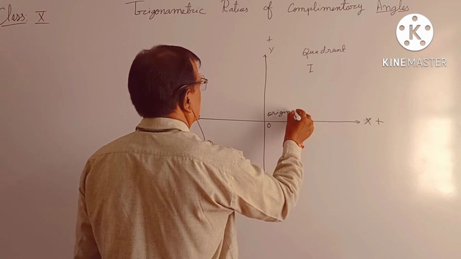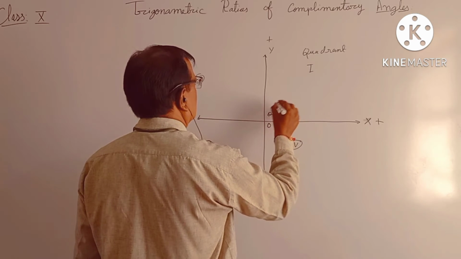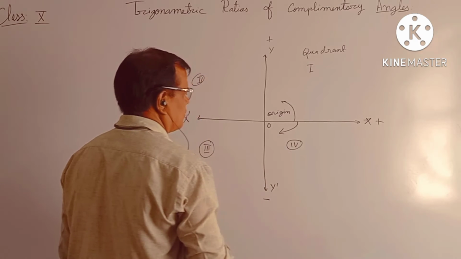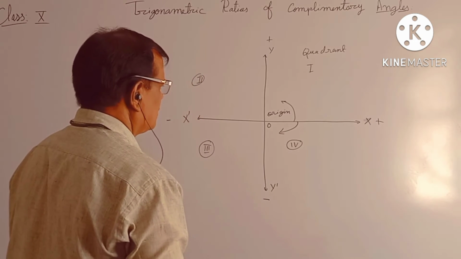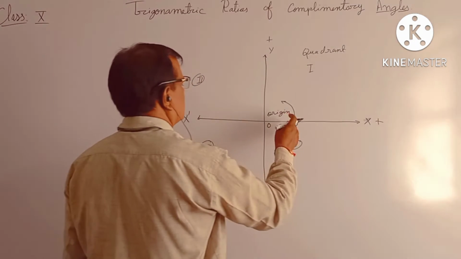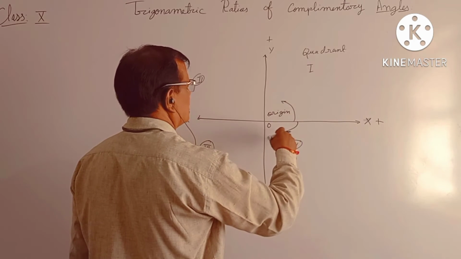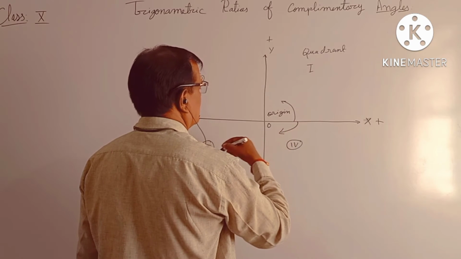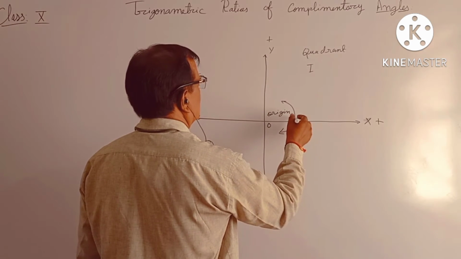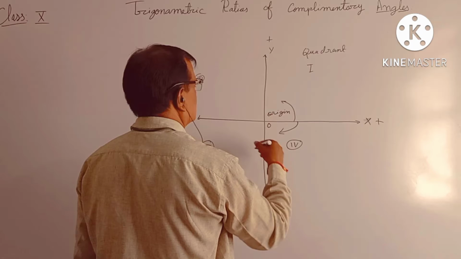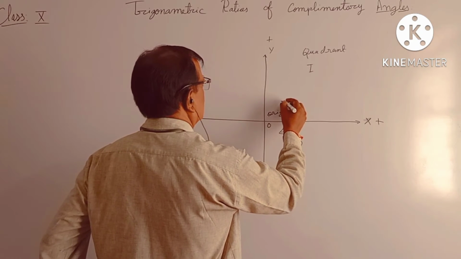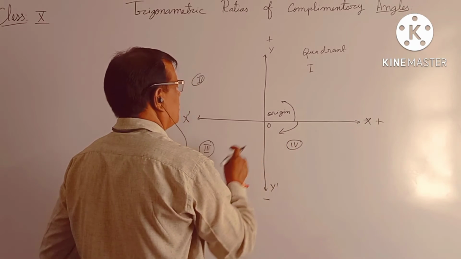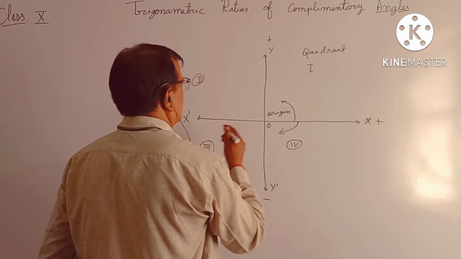If we move in the right direction it is positive, and the other is the negative direction for changing the angles. If we move clockwise, from the x-axis downward, that is clockwise; this way it is anti-clockwise. In anti-clockwise the angle is positive and in clockwise the angle is negative.